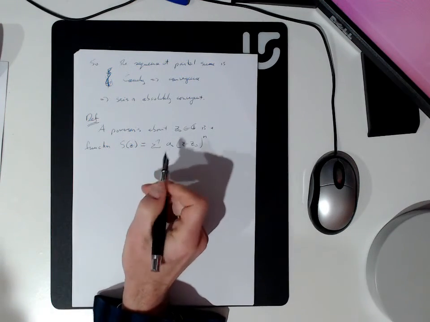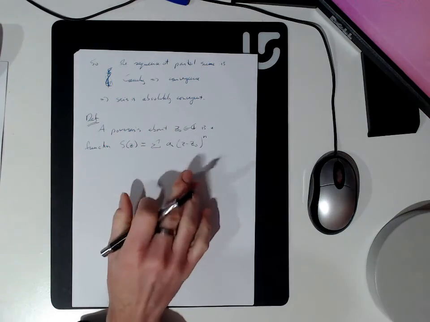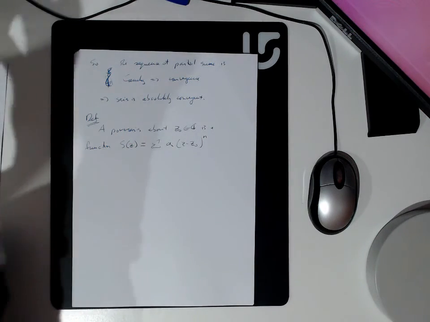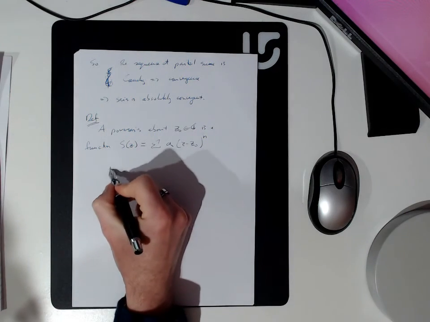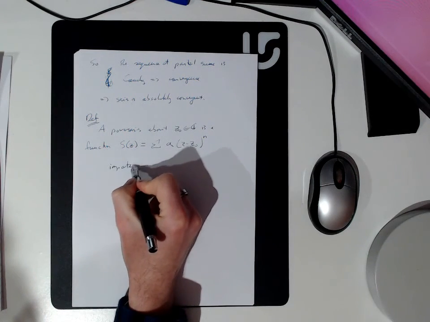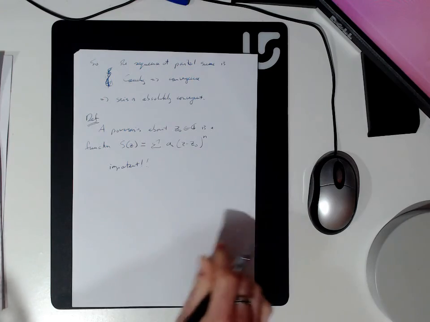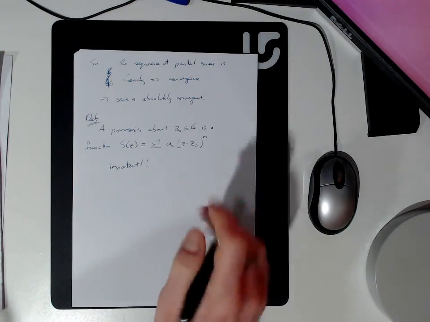And everything that we've seen so far works exactly as for this. And that is power series. Important. And that is page 6.